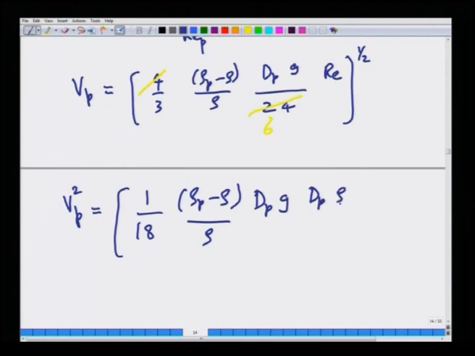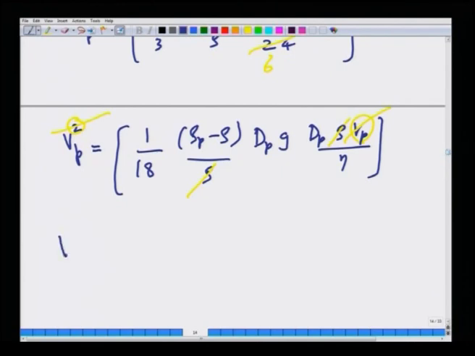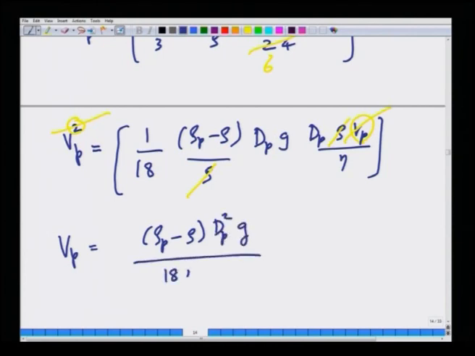Reynolds number is dP times fluid density rho times Vp divided by eta. Now, this fluid density will cancel with this density, one factor of Vp will cancel with one factor of Vp here to give you Vp is nothing but (rho p minus rho) dP squared times g divided by 18 eta.